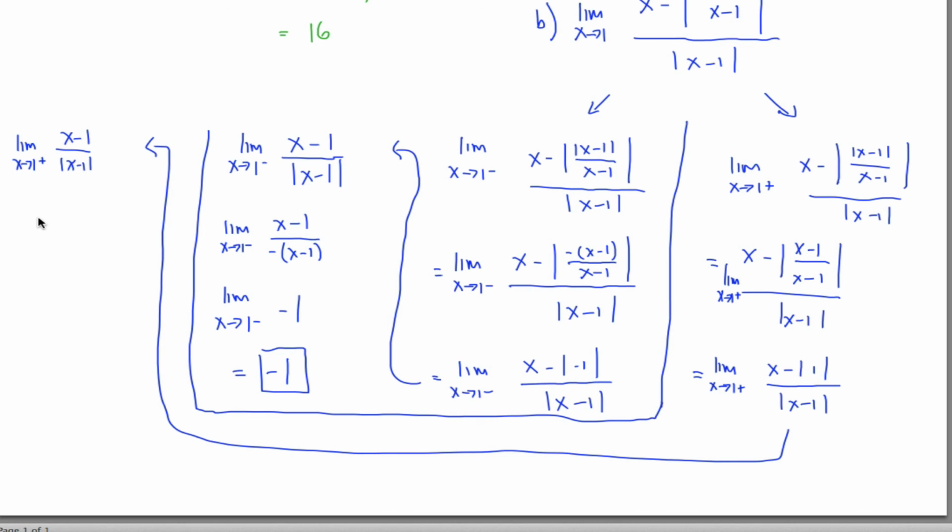One last absolute value symbol to get rid of. Again, x is a number slightly bigger than 1. Slightly bigger than 1 minus 1 is still positive. If it's positive, the absolute value symbols aren't doing anything. In other words, the answer to this one-sided limit is the limit as x approaches 1 from the positive side of 1. These cancel out. That limit is equal to 1.